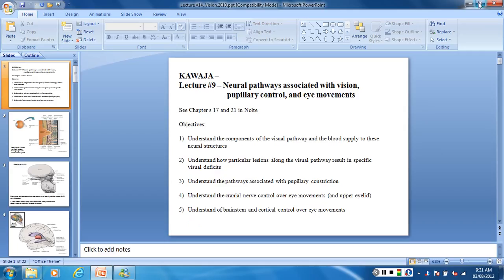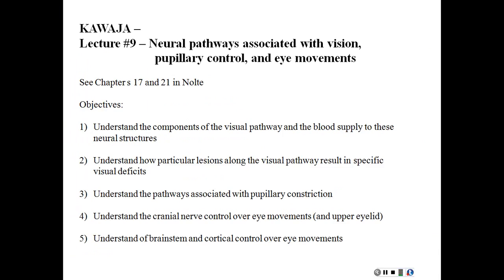Now, I want to just touch on a bit about vision, and then we are on track, which is pretty good. And the reason why I just want to touch on a few things is because some of the things here are directly relevant to the basic anatomy that I'm supposed to be giving you.